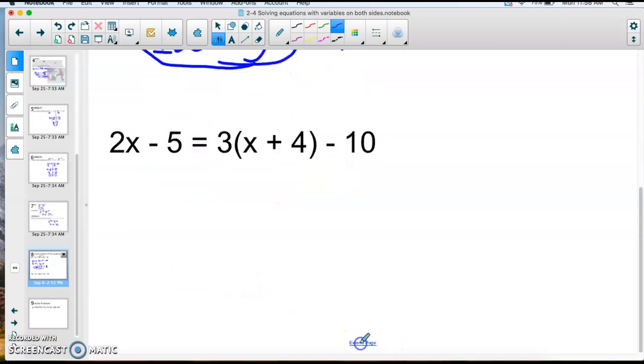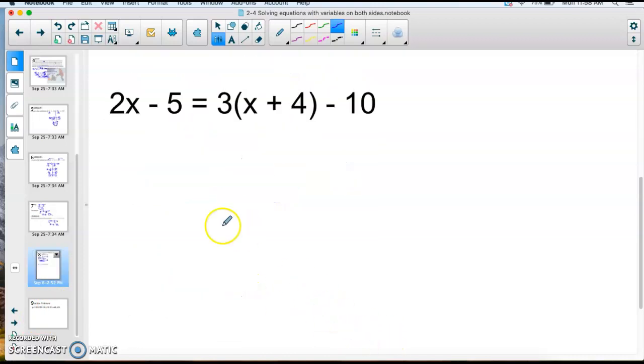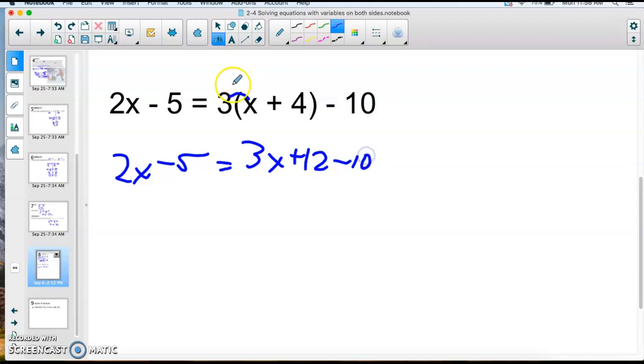Okay, last one here. See if I can squeeze it in 1 minute. Again, we're going to distribute. So we get 3x. 3 times 4 is 12 minus 10. Okay, 2x minus 5 equals 3x. Now we combine like terms. 12 minus 10 is 2.